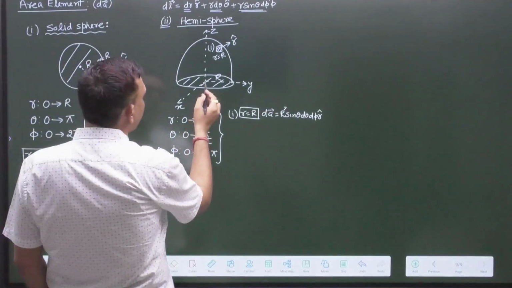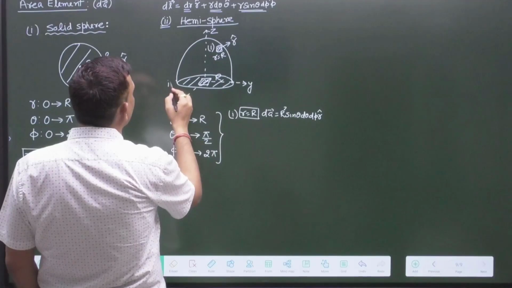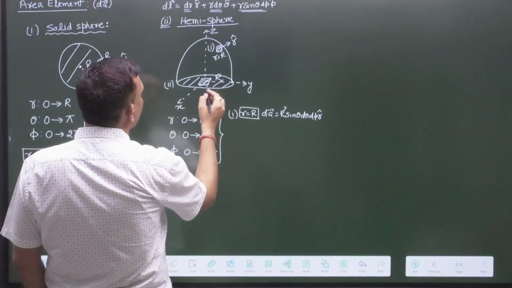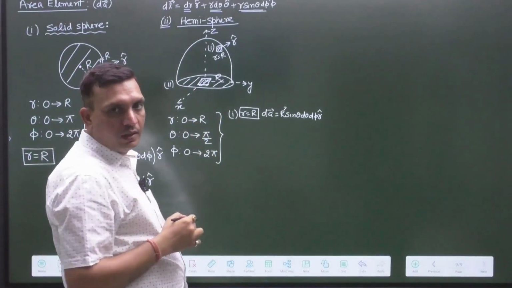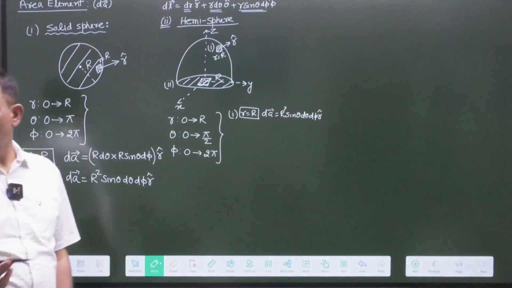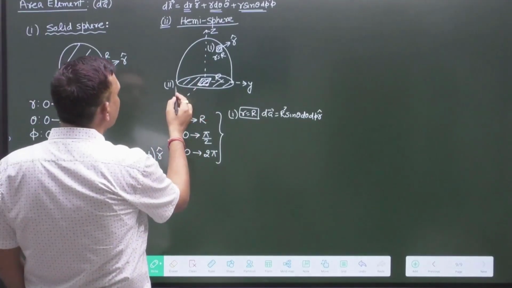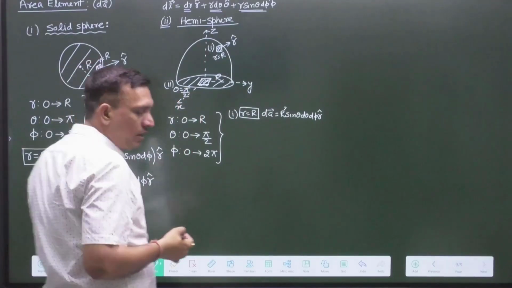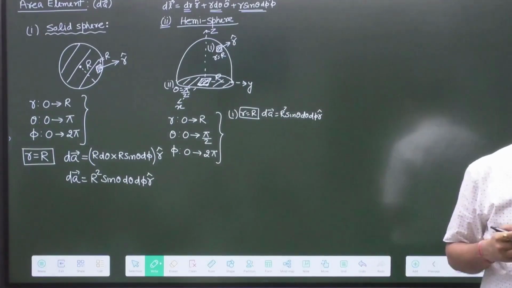Now you have surface 2 in the xy plane. So what is fixed for the second surface in the xy plane, in terms of r, theta, phi? Theta. So theta is pi by 2. In spherical symmetry, the xy plane is the theta pi by 2 plane.